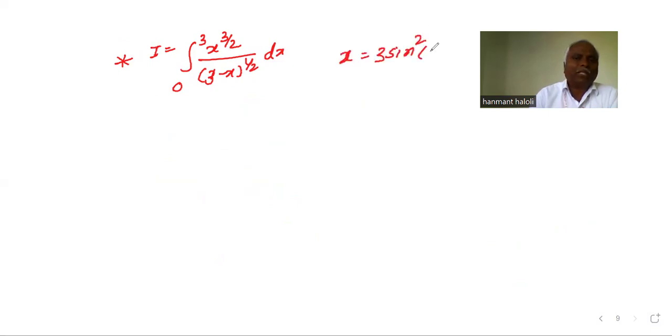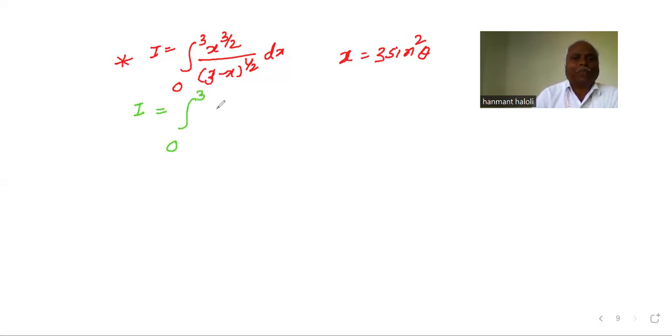By substituting this one, you can solve the example. Already mentioned in the example, you have to use that substitution only, not your own substitution.